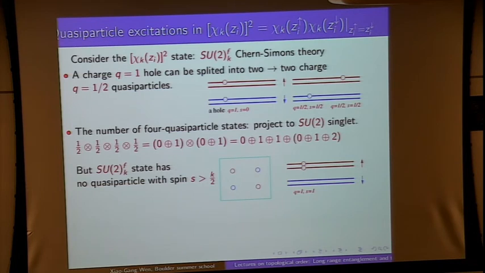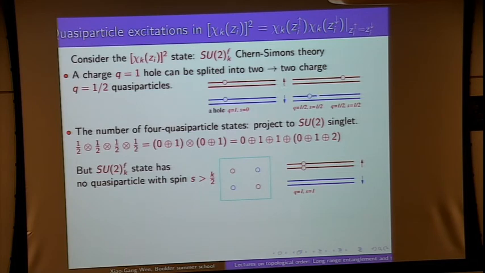I don't know why, but actually when you do local projection, they are not gone. This wave function, when you bind the patterns together, is non-zero. So somehow this state did survive the projection.